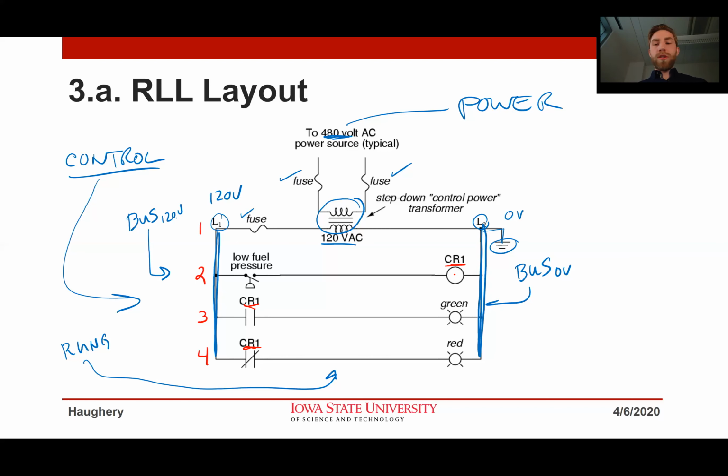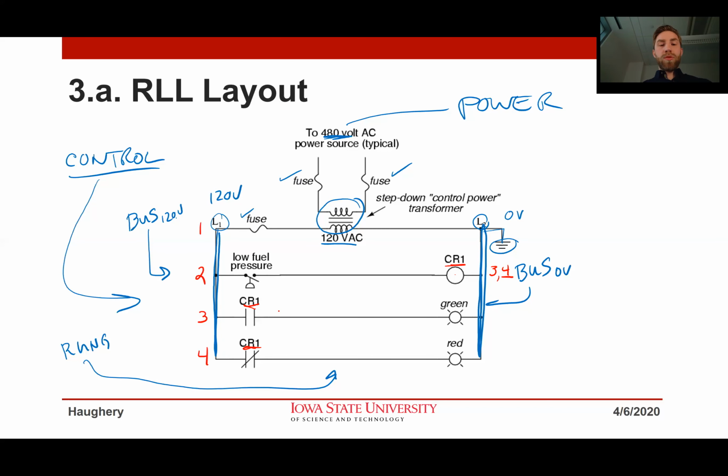One thing that's helpful to do is when I have the coil, I will tell on that, the other end here, I'll say on rung 3, I have a normally open, and on rung 4, I have a normally closed. The underline means it's normally closed. The non-underline means it's normally open, but I know now I can go to rungs 3 and 4 to find the corresponding contacts for that coil.